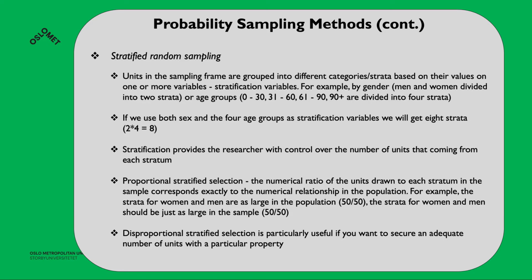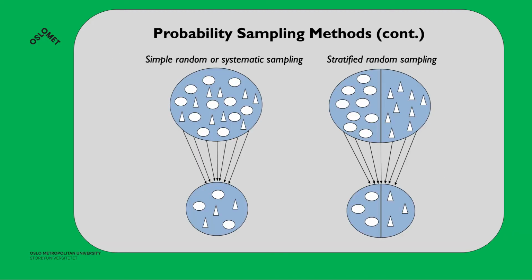And you can also have something called disproportional stratified selection, and it's useful if you want to secure an adequate number of units with a particular property. So you want to secure that you have people from a given village, for example, in your sample.